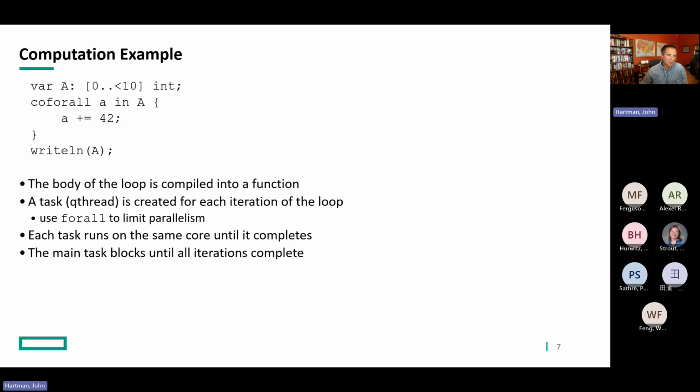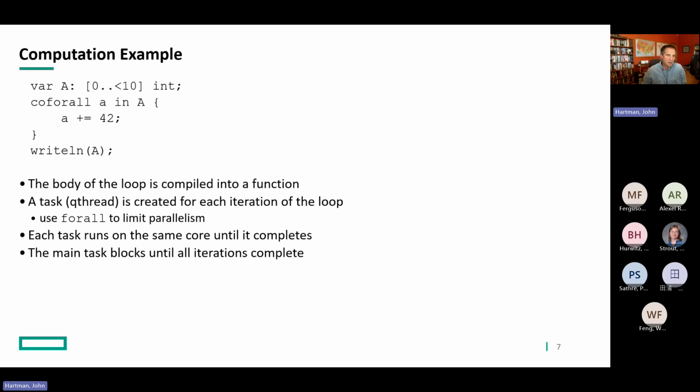And the forall construct has some mechanisms in it to limit the concurrency at any point in time. So it's going to limit the number of QThreads that are created to prevent you from just creating millions and millions of QThreads, because as you can imagine, each QThread does consume a little bit of memory. And so with enough of them, you're going to run out of memory. Each iteration of this loop will run on a core until it completes.